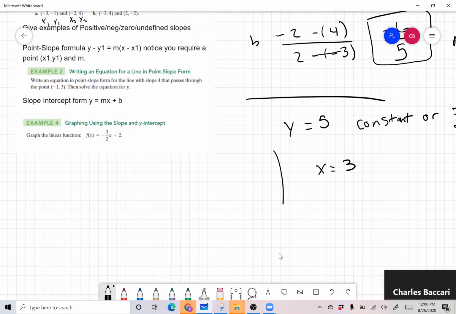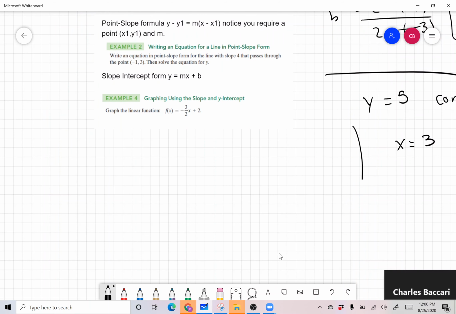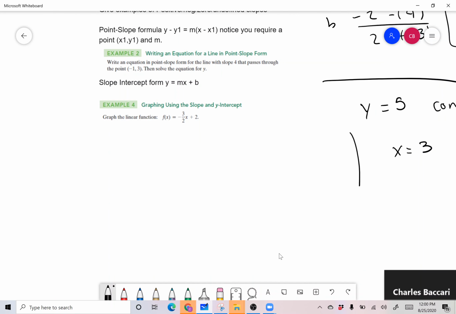Now, let's look at, I want to give you an example of a zero slope. So if I do 4 minus 4, let's say our points are (1, 4) and (2, 4). I'm sorry, I did that backwards.